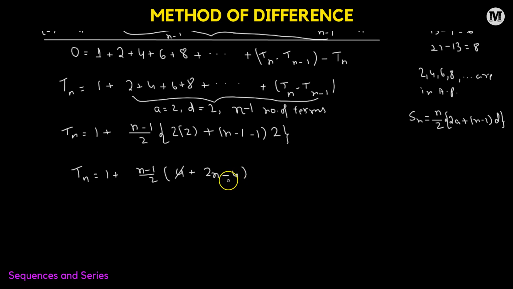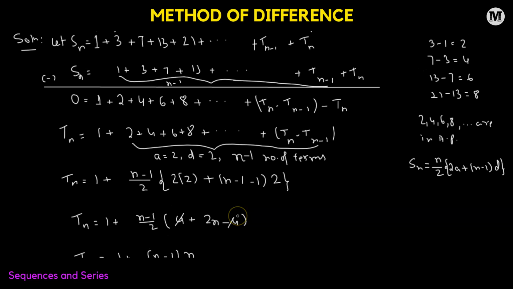So here we can factor out 4... we can cancel out the 2, and that leaves us Tn equals 1 added to n minus 1 times n. So Tn equals n squared minus n added to 1. This is going to be the nth term of the series.